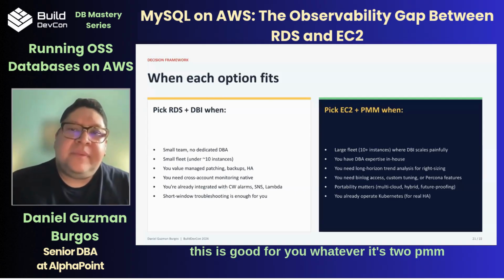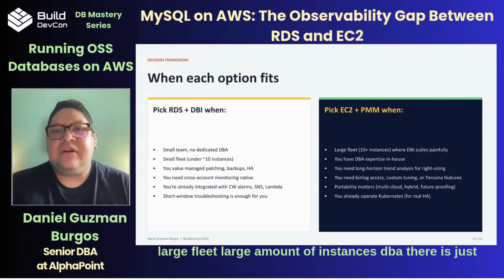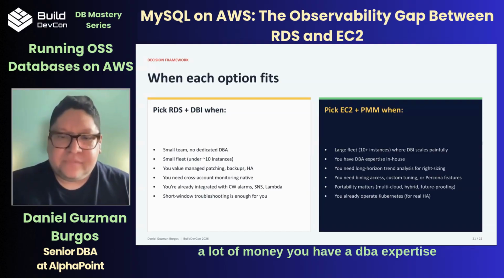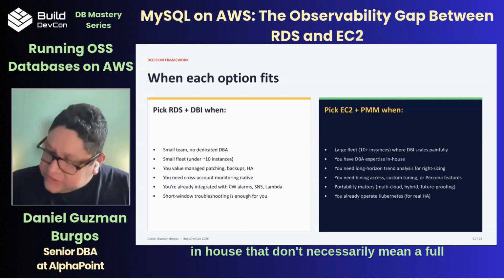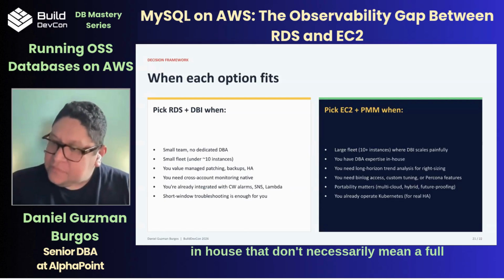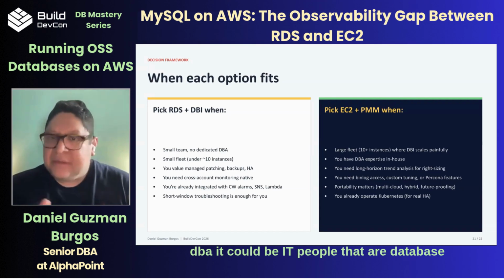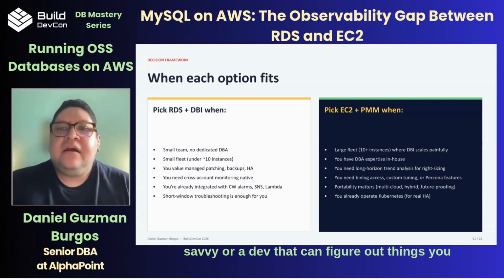What about EC2 and PMM? Choose this one when you have a large fleet, a large number of instances. DBI there is just going to be a lot of money. You have DBA expertise in-house. That doesn't necessarily mean a full DBA. It could be IT people that are database savvy or a dev that can figure things out.